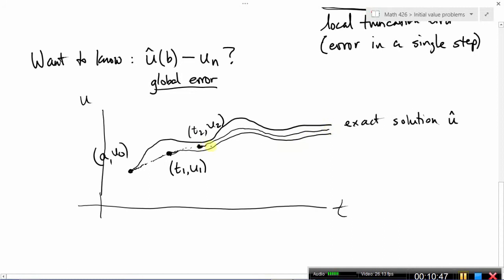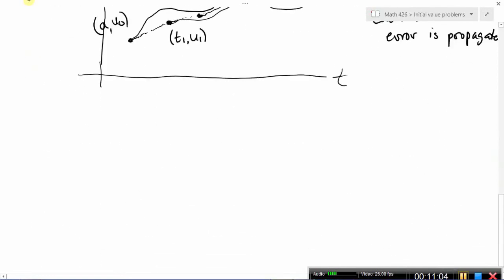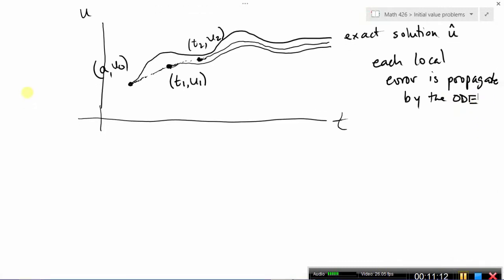And so on. So you see there are really two effects to consider. So each local error is propagated by the ODE. So it's not a matter of simply accumulating them. They actually shake things up a little bit.